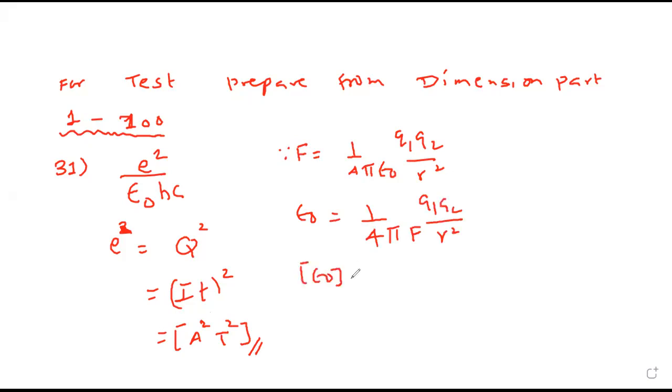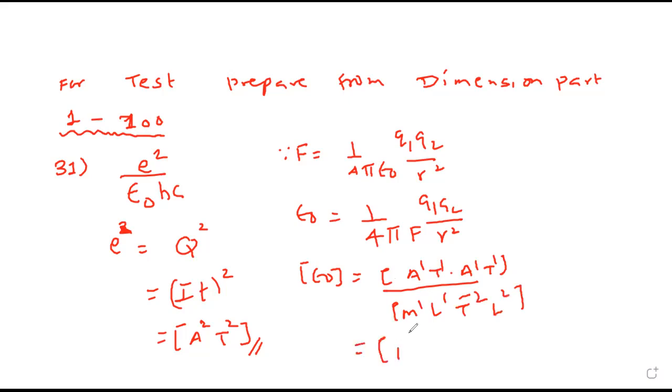The epsilon dimension will be charge A1 T1, A1 T1, F is M1 L1 T minus 2, into L2. That means M minus 1, L minus 3, T4 A2.